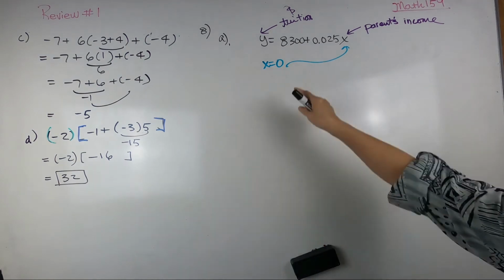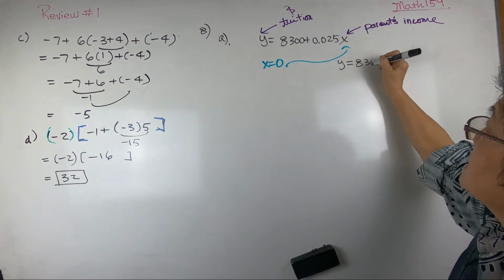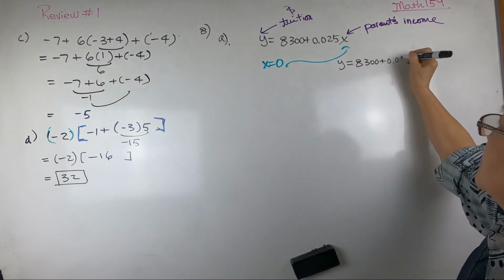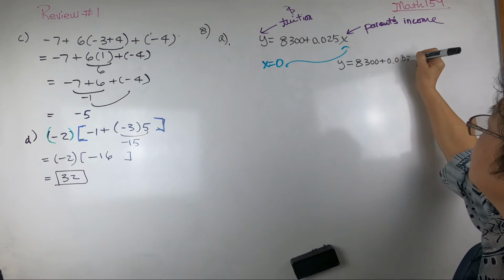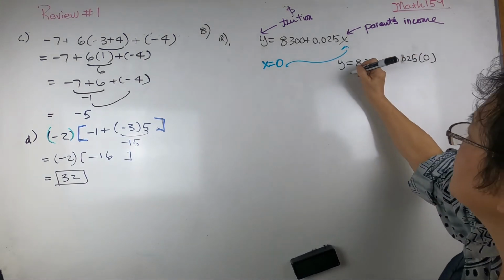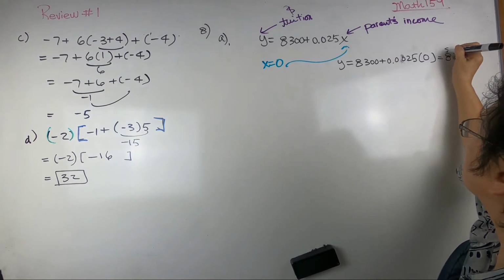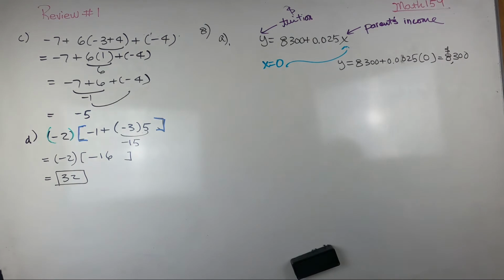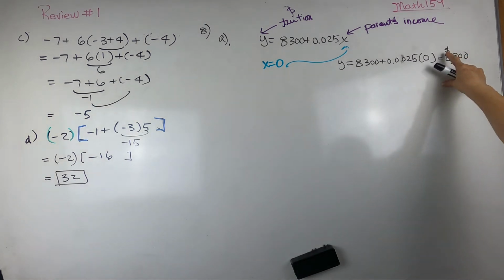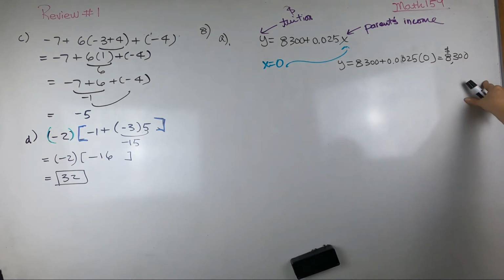Then when your parents' income is 0, what's your tuition? What do you think? You just plug in. So your Y equals what? 8300 plus 0.0025 times 0. 0 times is 0. So the answer should be what? $8,300. Okay? You need to give me a dollar sign or something to indicate, or you say dollars.